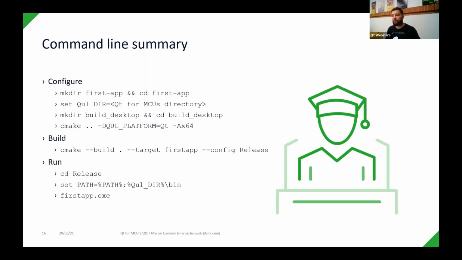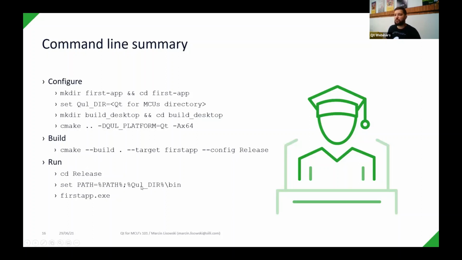To compile the things for the host, you have to create a separate directory for the build. Then you are triggering the CMake with Qt platform Qt, and this will generate your targets to compile your app for the host machine. You can, of course, trigger it with that typical CMake syntax for compilation.